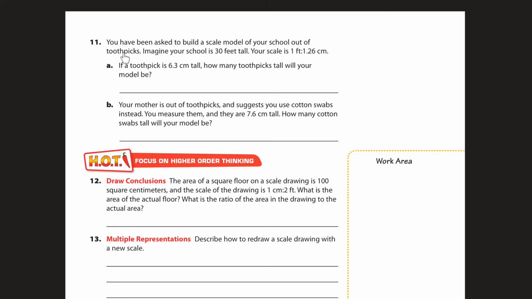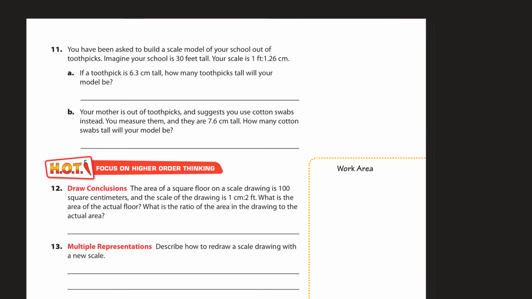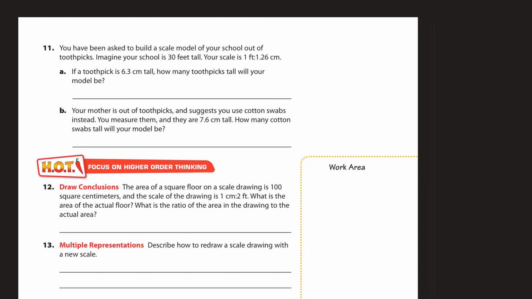So in this problem, you've been asked to build a scale model of your school out of toothpicks. Imagine your school is 30 feet tall, your scale is 1 foot equates to 1.26 centimeters. If a toothpick is 6.3 centimeters tall, how many toothpicks tall will your model be? So I'm going to use my scale of 1 foot is 1.26 centimeters.